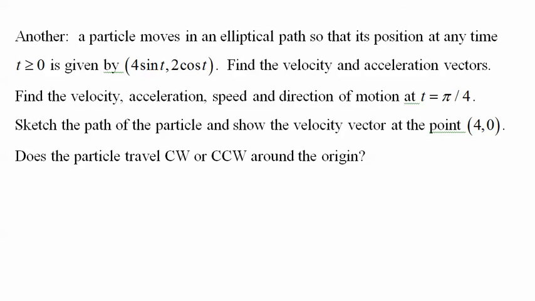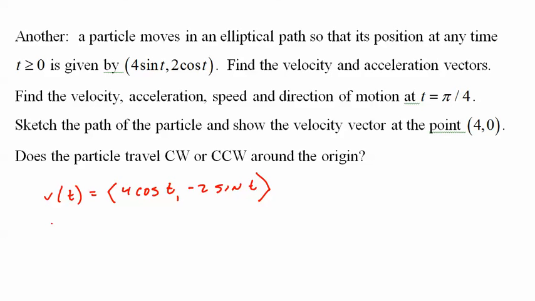So, another one, and I'm running low on time because this is taking a lot longer than I thought. So I'll just cut to the chase with this. V of t is 4 cosine of t, negative 2 sine of t.